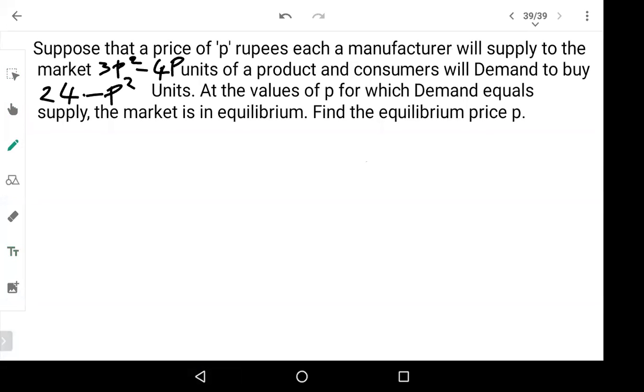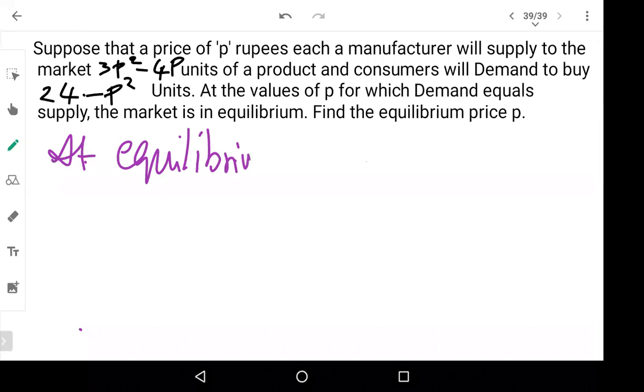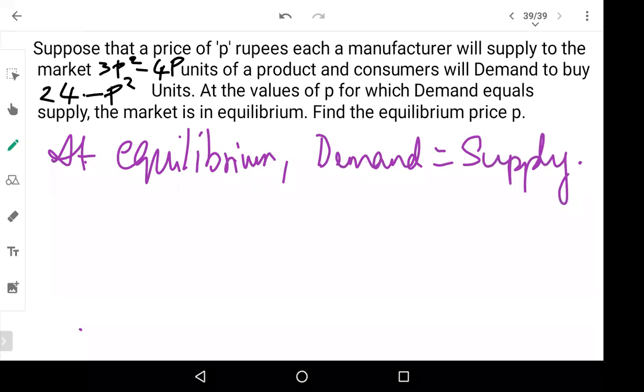So, very simple to write: at equilibrium, demand is equal to supply. This is what they are saying. Did you all understand the question? At equilibrium, demand will be equal to supply.